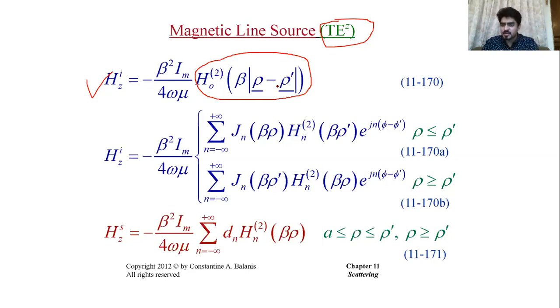So if you remember, for that we divide our observation region into two regions. Region 1, where rho is less than or equal to rho prime, and the second region, where rho is greater than or equal to rho prime. For the first region, since we expect most of the waves to be bouncing back and forth in the radial direction, we use Bessel function.